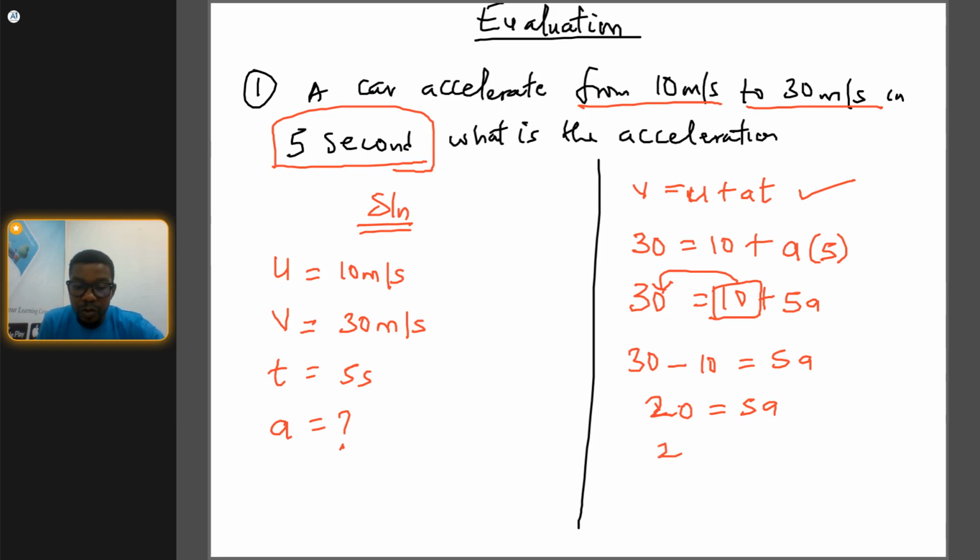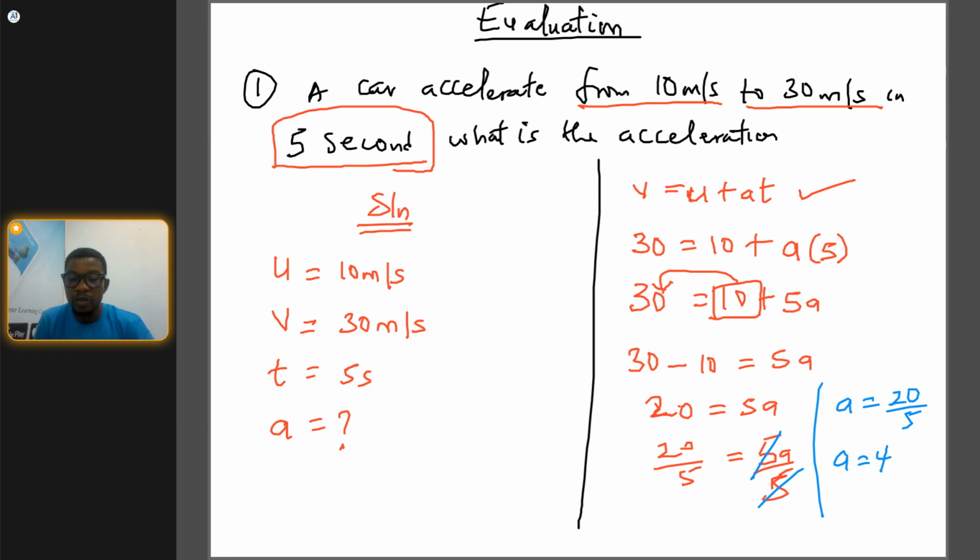That gives us 20 over 5 equals 5A over 5. We cancel 5 and we are left with A equals 20 over 5. A equals 4. So the value of A is 4 meter per second squared.